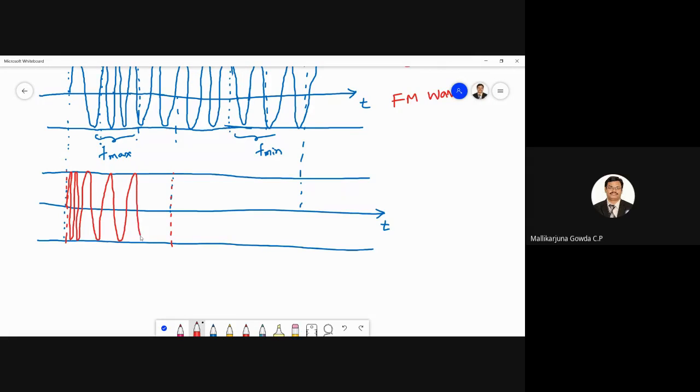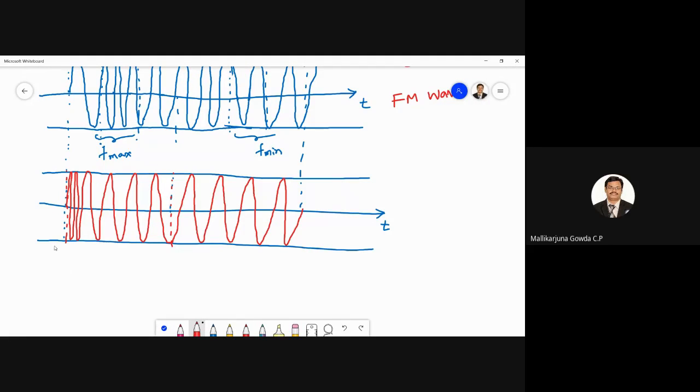At this point of time, and here it will be again F minimum. Then after that again it will be unmodulated carrier frequency. And all this.